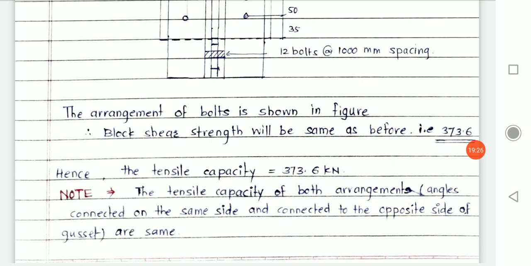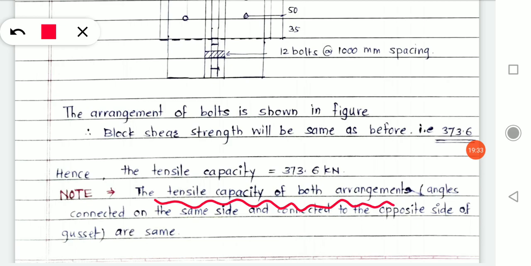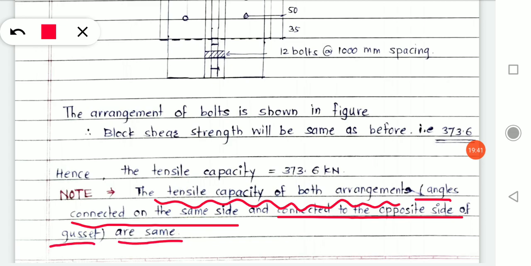That's why I have added this note that the tensile capacity of both arrangements, angles connected on the same side and on the opposite side of a gusset, are the same, but the number of bolts required is increased in the case where you connect on the same side.